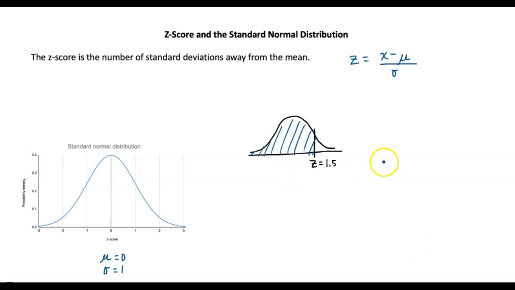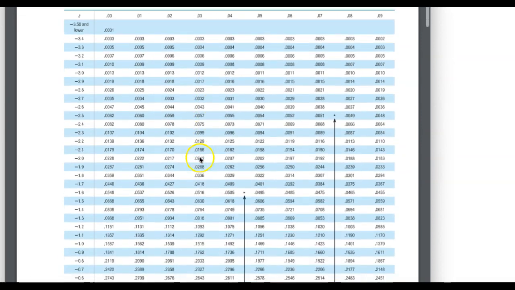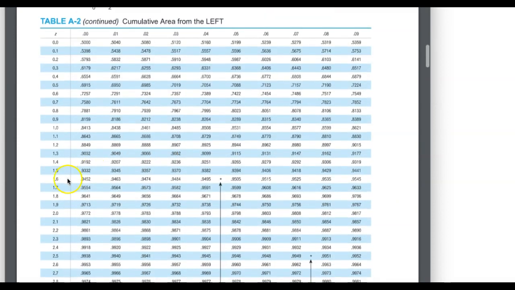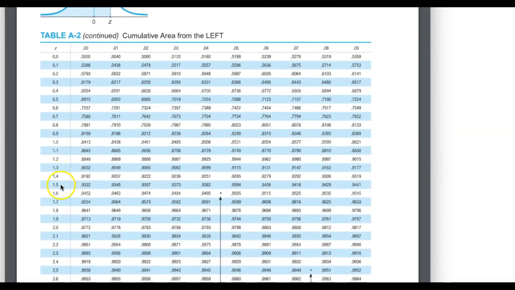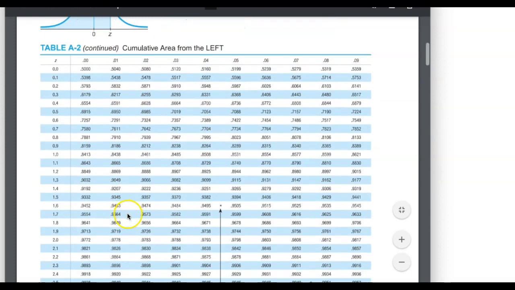Well, the first method I can use is using that z-table. And using that z-table, I'm just going to look for a positive z-score of 1.5. A positive z-score of 1.5 gives me an area of 0.9332. And on this table of z-scores, we are always talking about this area being the area to the left of any given value.